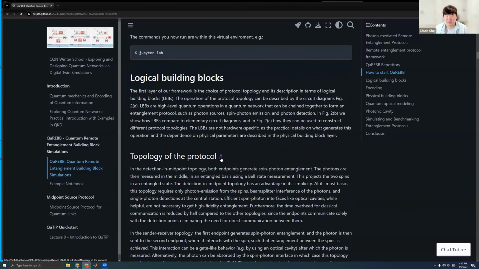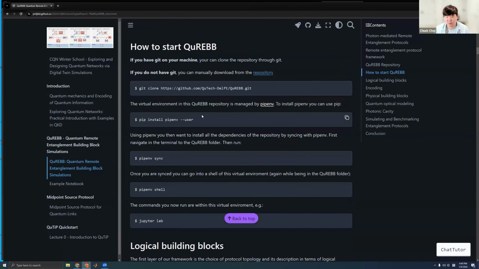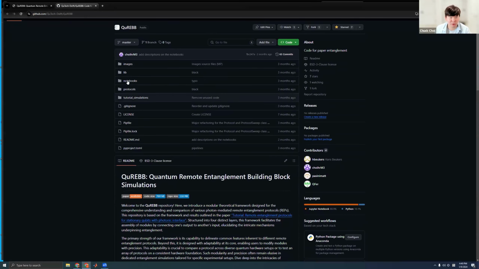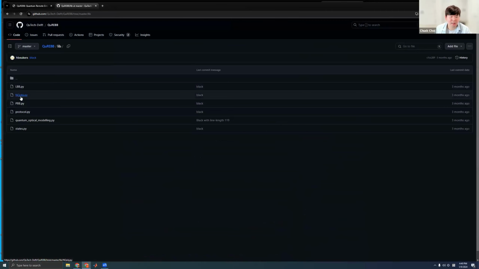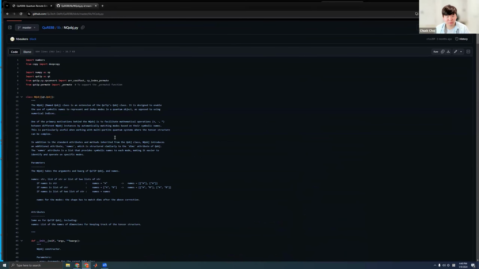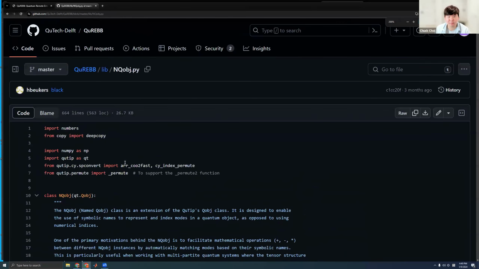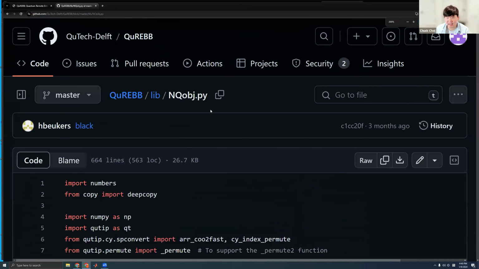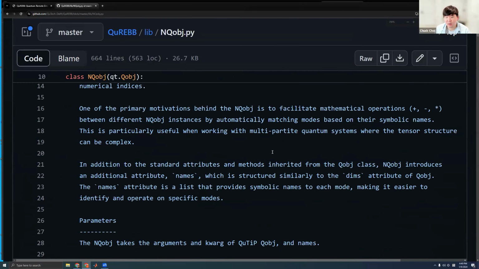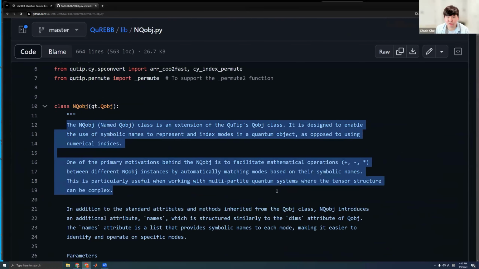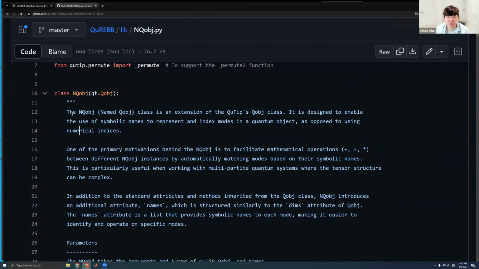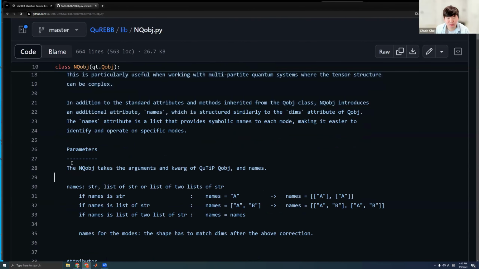And again, for making a nice ecosystem with this framework, we made extensive comments on the code of our QREP. For example, if I go to the library, one of the important packages is named quantum object, we say NQOBJ. We made all the instructions about how to use this code.